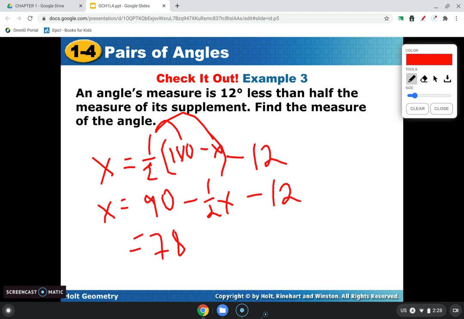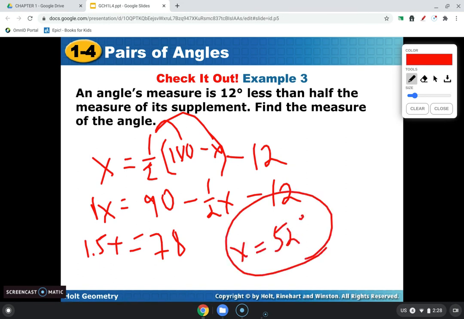Remember that's like 1x over there, so I'm going to add half x over there. Well, 1 plus a half is 1.5x. So I have 1.5x equals 78. Then I got to divide by 1.5, and I get 52. X equals 52 degrees. So set up those equations and go from there.